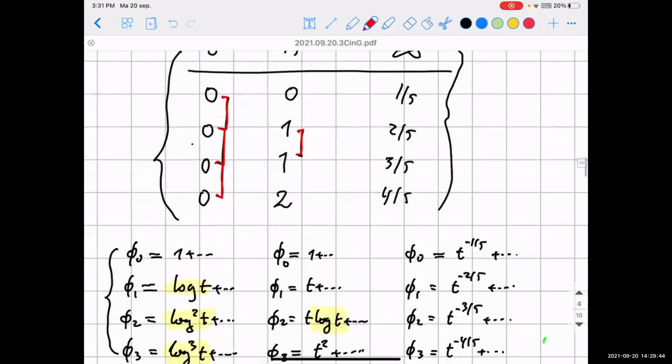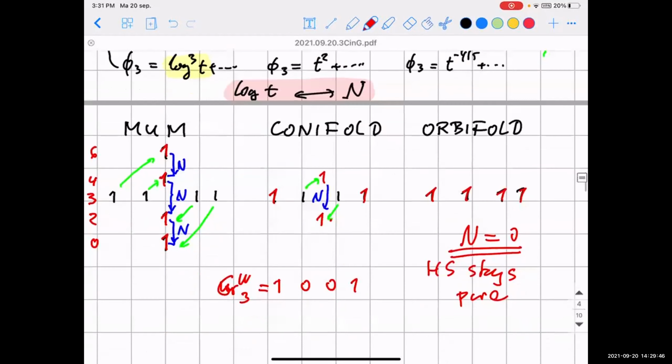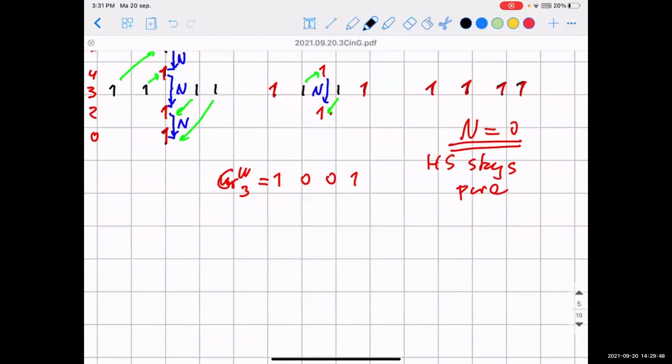And it came somewhat as a surprise that there is another possibility. So this is the strange degeneration, which I now want to explain. So this is the theorem.